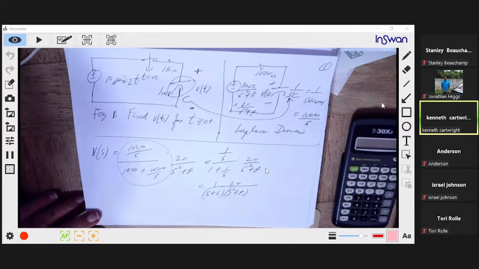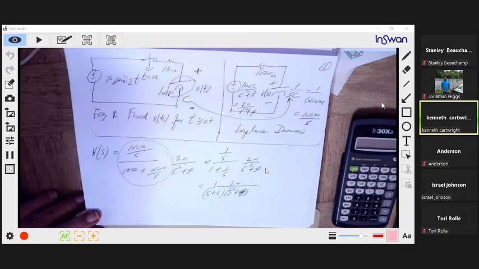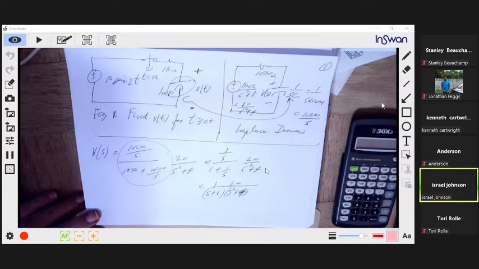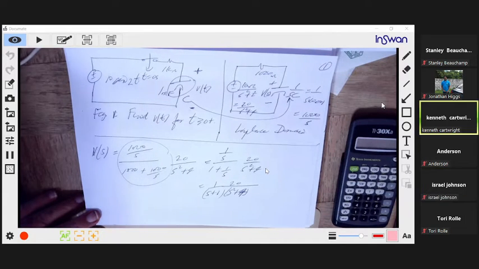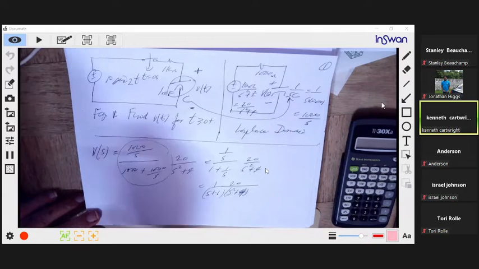We would use inverse Laplace. No, we're not there yet. Eventually we will. You're looking for the time domain now. No, that's when you have to use the A over something plus the B over. We use partial fraction expansion.